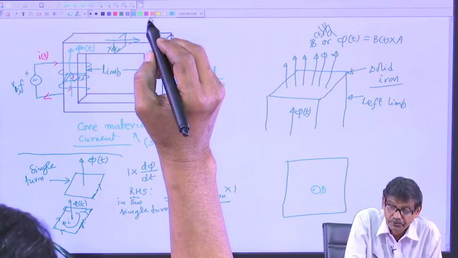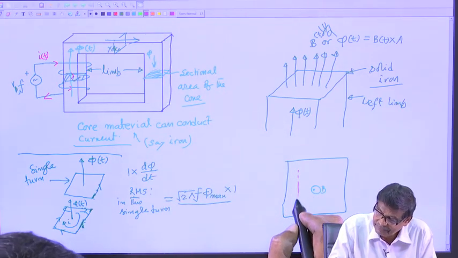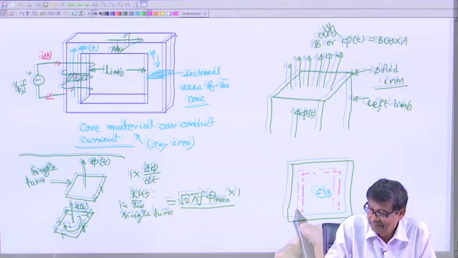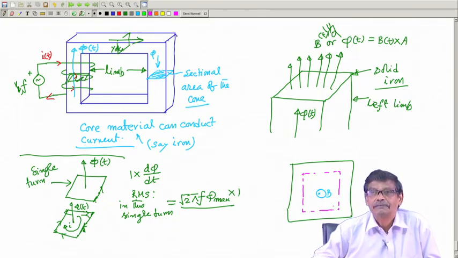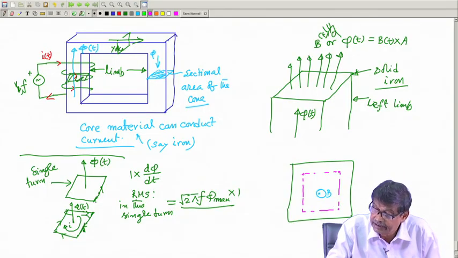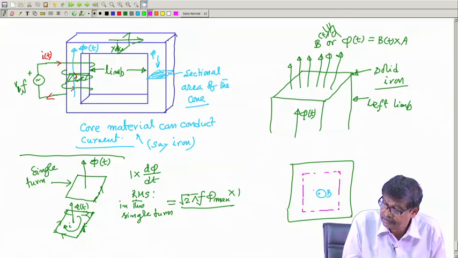Now, what you do? You consider a closed path like this. In this closed path, I can imagine there is a single turn here, through which there is a time varying flux like this.